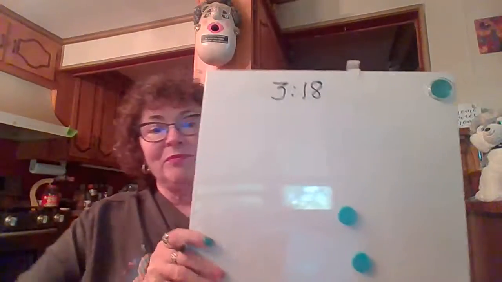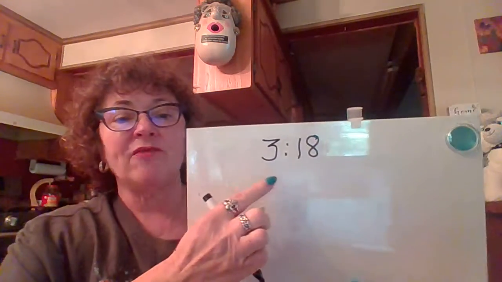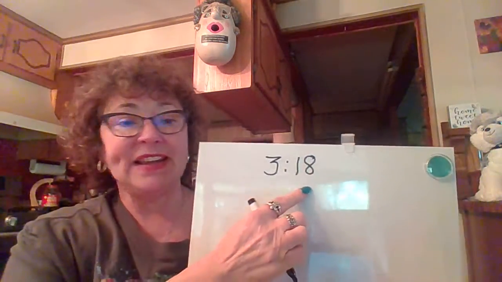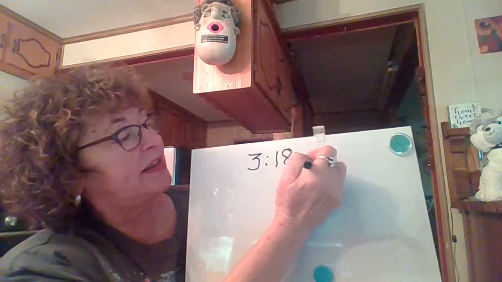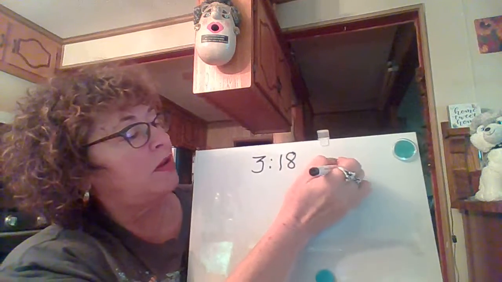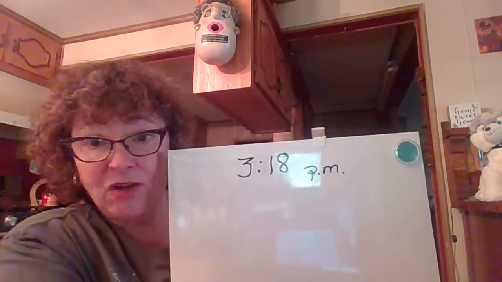So this means that the time now is 3:18. I wanted to double check and make sure I didn't write that wrong. Okay, so we have 3:18. Again, this is PM because we're fixing to head home.